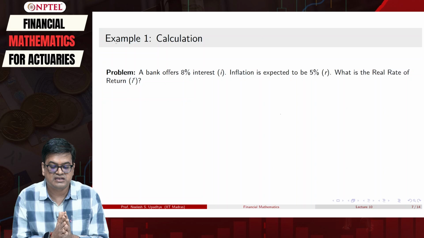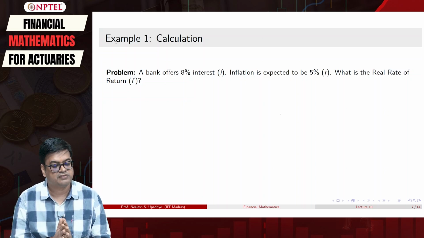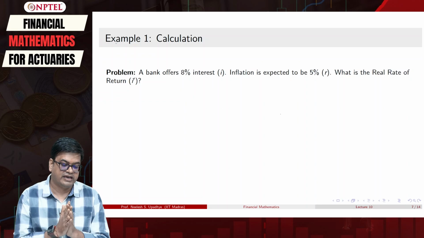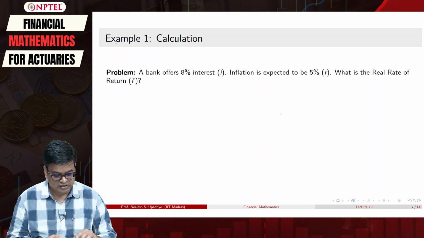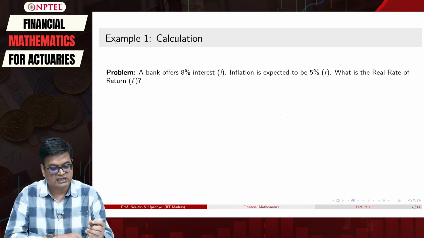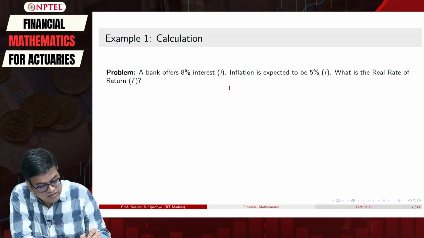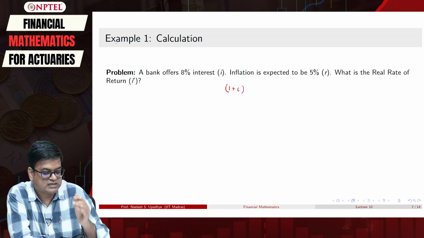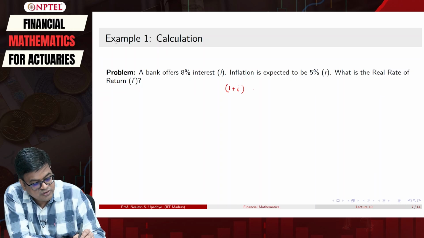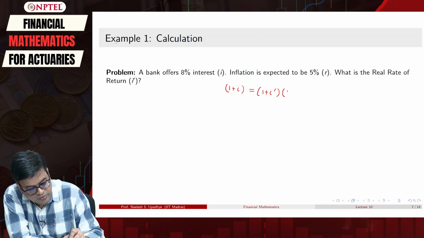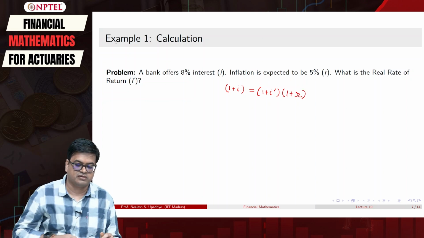What is the real rate of interest return, that is I', that we have to calculate? We already have the Fisher equation, and you always remember we always start with 1 + I equal to (1 + I')(1 + R).